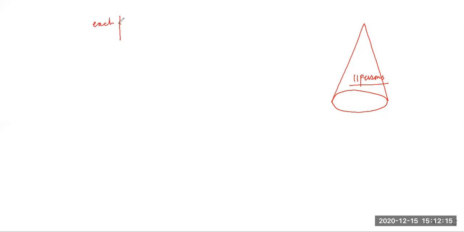Each person must have 4 square meter of space on the ground. Each person should have this much space on the ground.